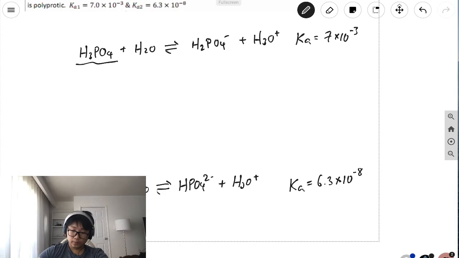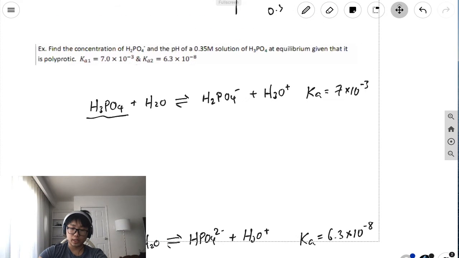So you get these two steps: the first equation creates some H2PO4 minus, and the second uses it up. The balance between those two is how you figure out your H2PO4 minus concentration.